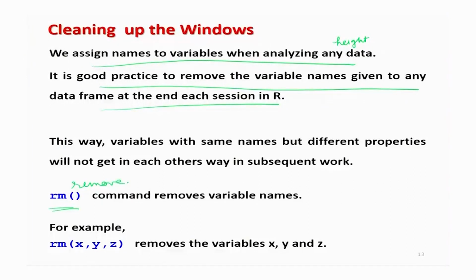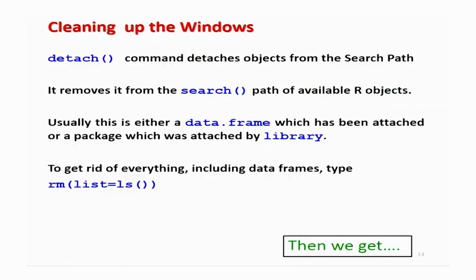If you type rm and inside the parenthesis you write the variable name, this command will remove the variable. You can remove one variable or more than one variable at the same time. For example, if you want to remove three variables x, y and z, you can write rm(x, y, z), and this will remove all three variables from your R working directory.